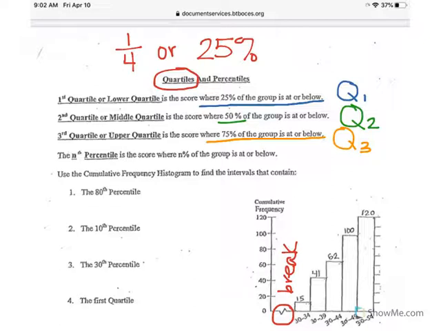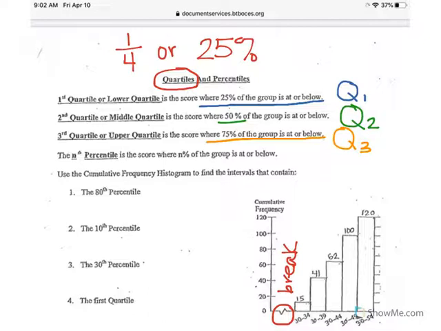And then it starts off with different intervals. Because this is a cumulative frequency, each interval is going to get larger and larger, and each interval will always start with the same number, and that number in this scenario is 30. So we have the 30 to 34 interval, and there are 15 people in that group.